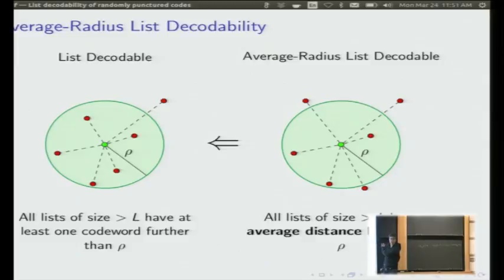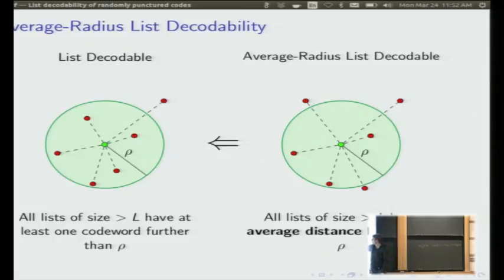Are there any questions? I didn't put up an actual definition here, but do people understand what this means? I'm seeing some confused looks. So this is stronger. Take the worst possible list of size L plus 1.